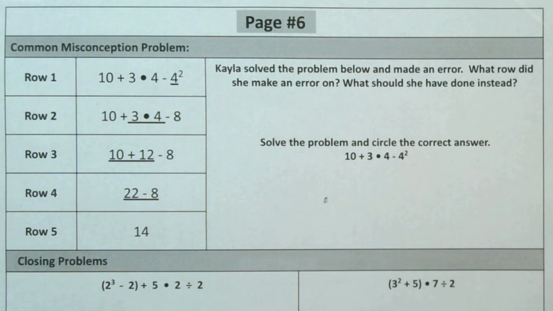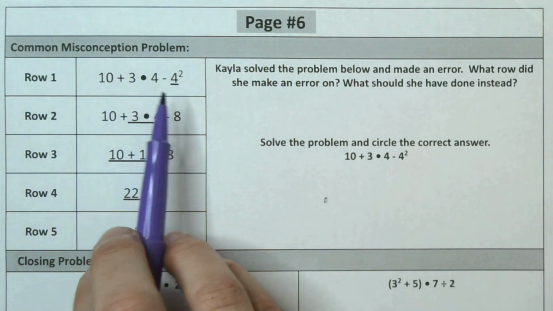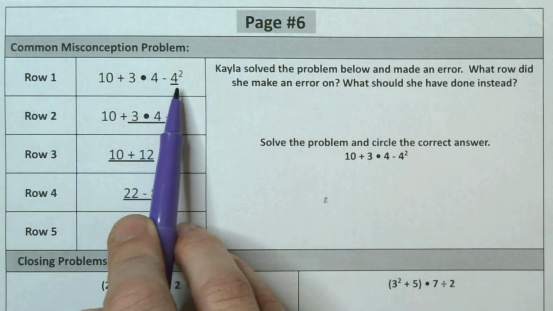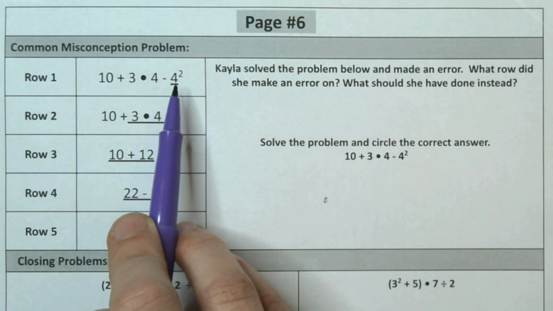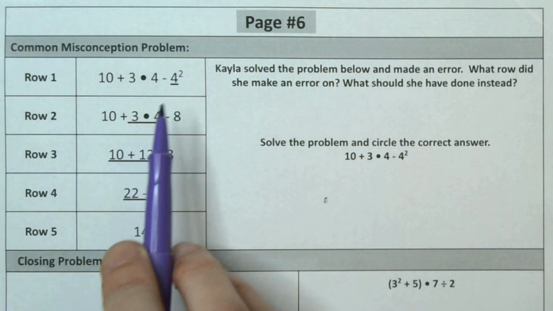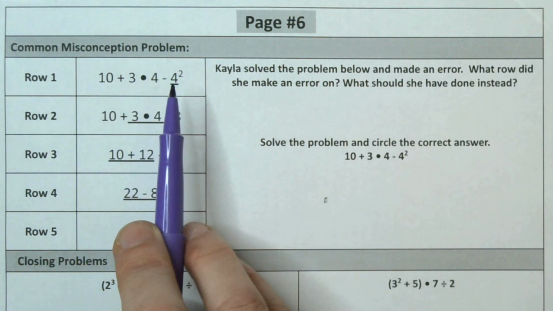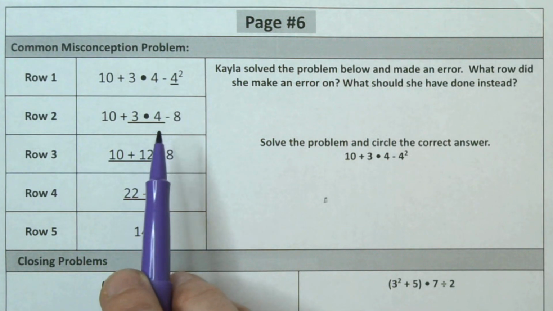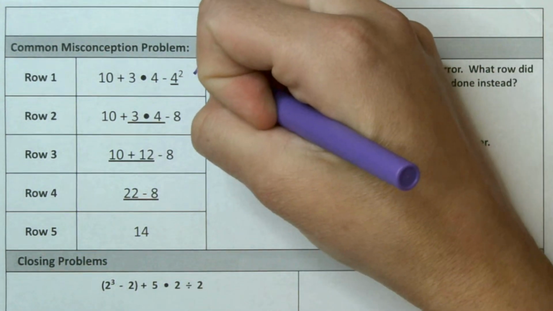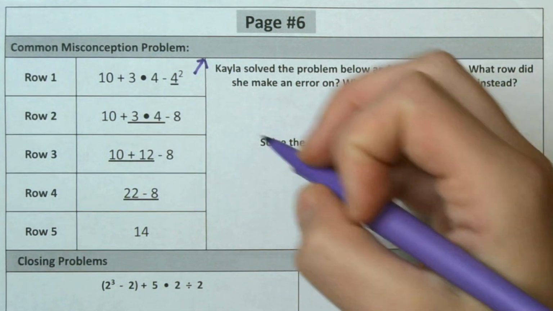So when I look at the problem in row 1, I can see that she underlined the correct first step. Exponents are our most powerful operation. But when I go to row 2, I can see that Kayla, instead of writing 16, she wrote 8. Remember, 4 squared does not mean 4 times 2.